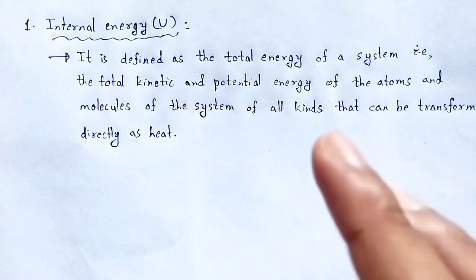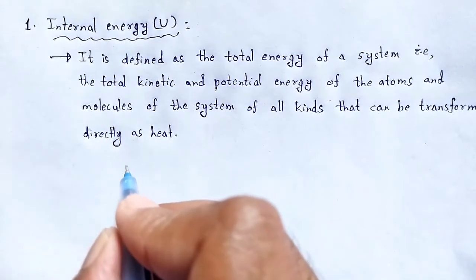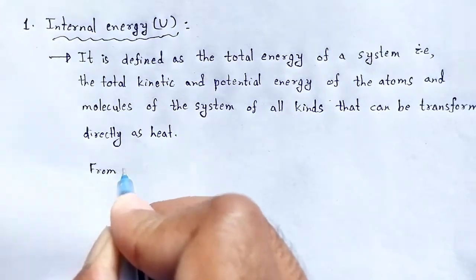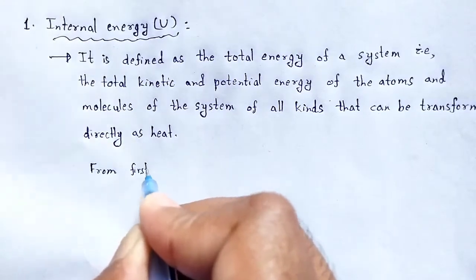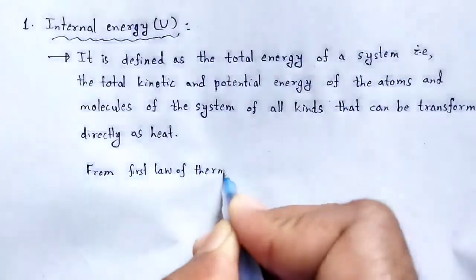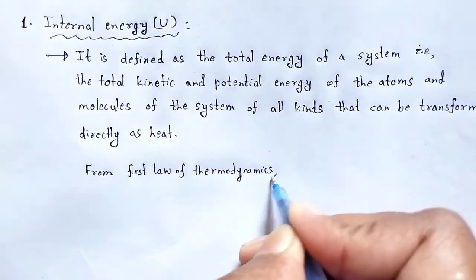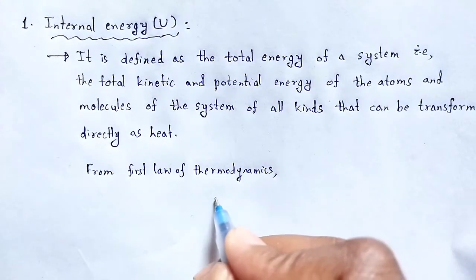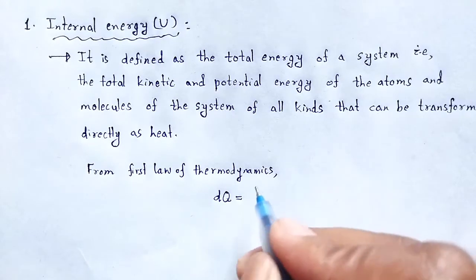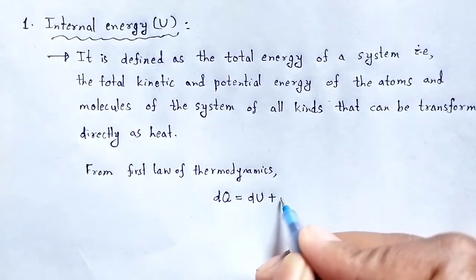We get the mathematical form of internal energy from the first law of thermodynamics. Let dq amount of heat be supplied to the system, then that amount of heat is used to change the internal energy plus some work done.